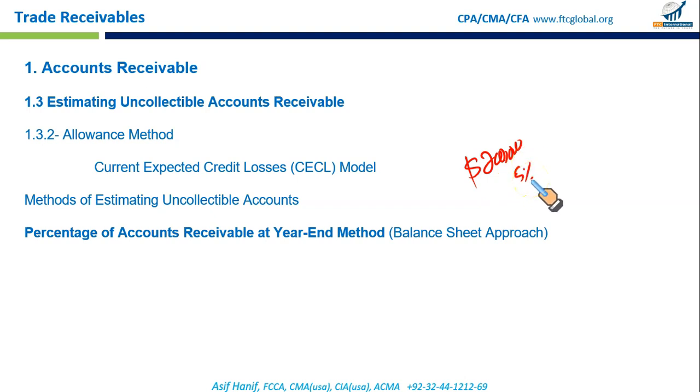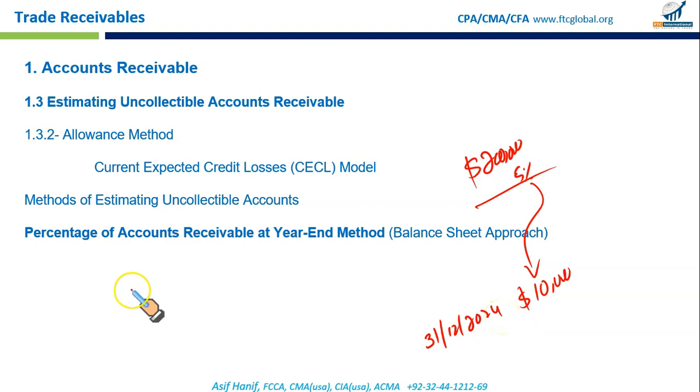So out of this 200,000, 5% may not be collectible. So we will take this $10,000, 5% of $200,000, as an estimated bad debt, and we make an entry: debit income statement, credit allowance for uncollectible accounts. All right, so that's the balance remaining in the books of account at 31st of December 2024.